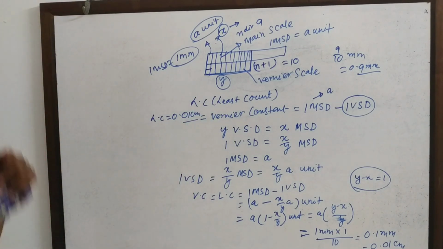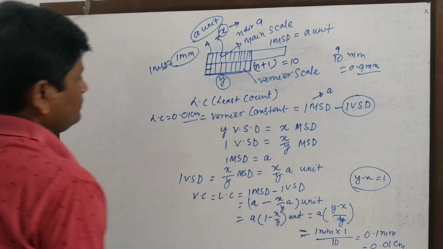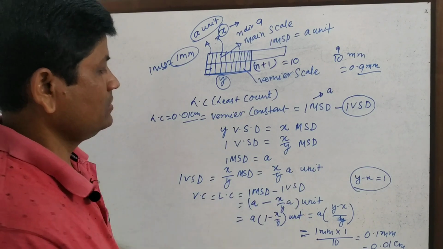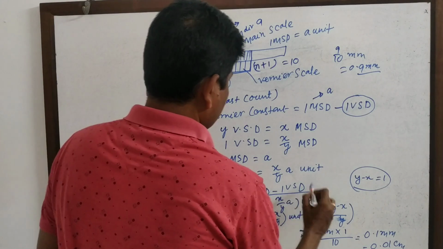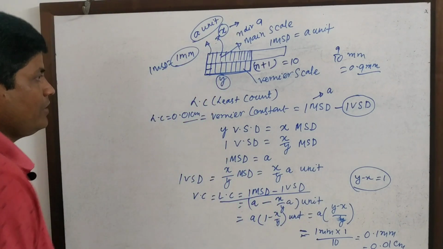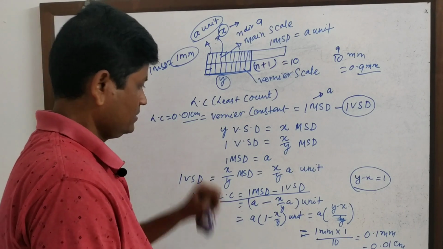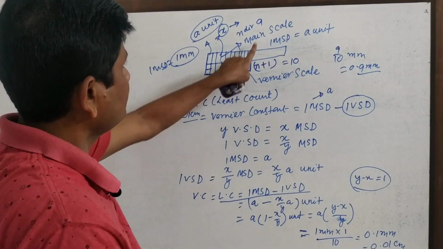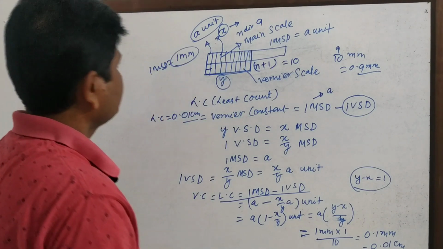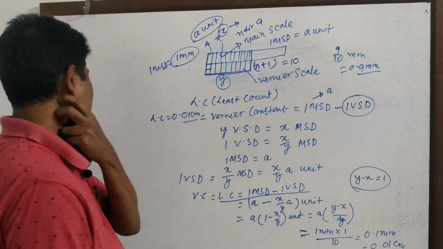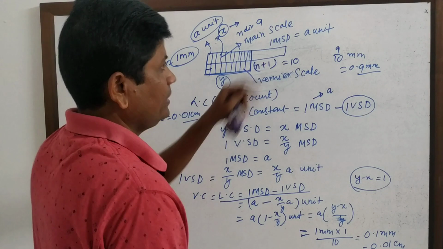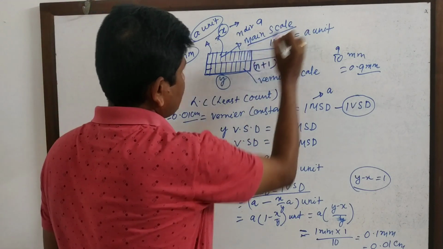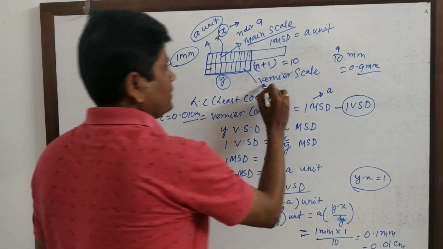Now, least count is equal to 1 MSD minus 1 VSD. This formula does not hold good for every vernier scale. Generally, the vernier scale has 1 extra division than the main scale, but in other cases the vernier scale may have fewer divisions than the main scale, or the main scale may have a greater number of divisions than the vernier scale.